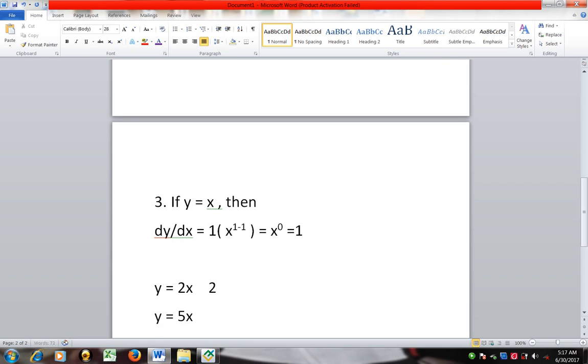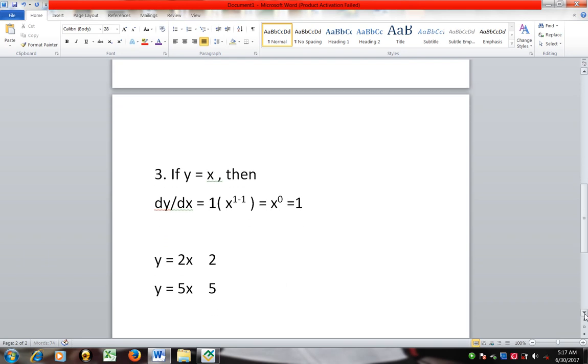For this, our dy/dx will be 5. Now if y is equal to, let's say, 0.5x, dy/dx, what will it be? It should be 0.5. So that is how to do this differentiation. These are very simple examples that we have here.